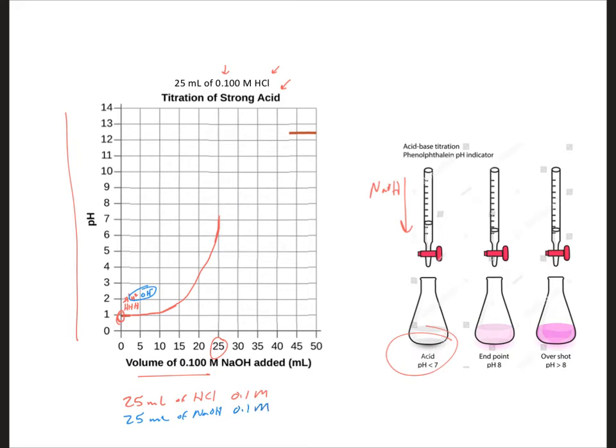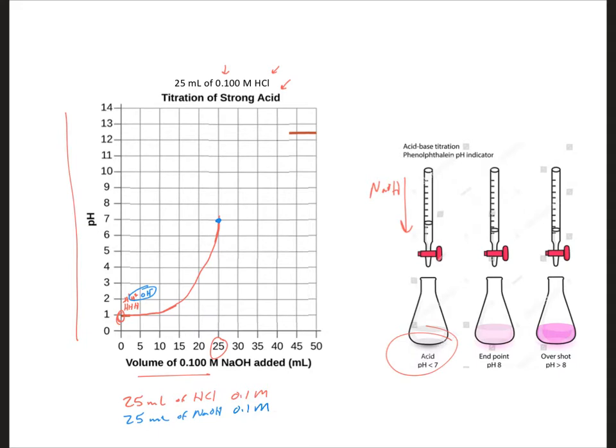And so now we have added the same number of H's as OH's. So at that point, in the titration of a strong acid with a strong base, we end up with an equivalence point right here at pH 7 because they have completely canceled each other out.